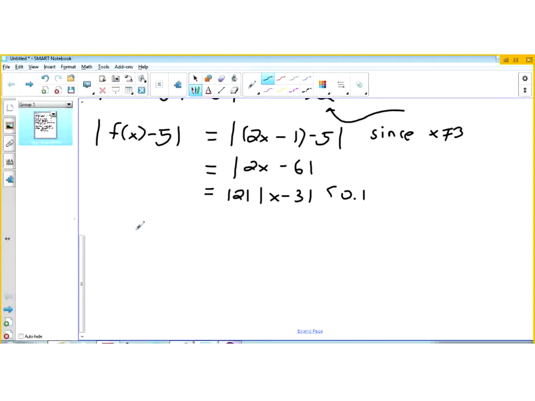So what happens if I divide both sides of this inequality by 2? Well, it turns out if I do that, the absolute value of x minus 3 is less than 0.1 divided by 2, which is equal to 0.05.